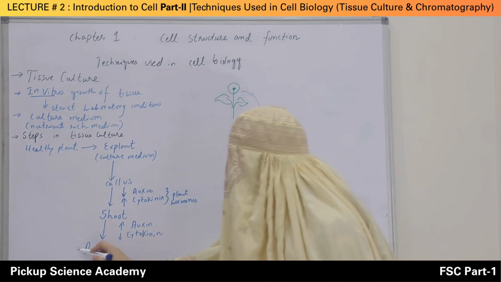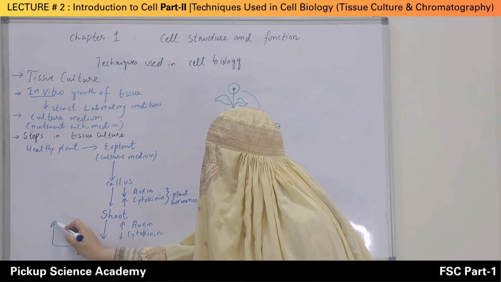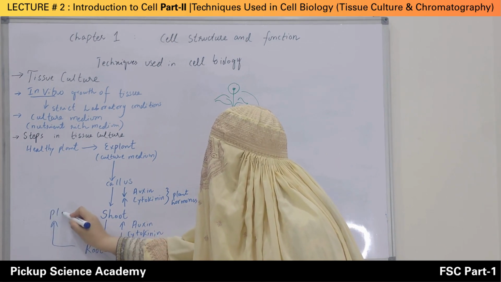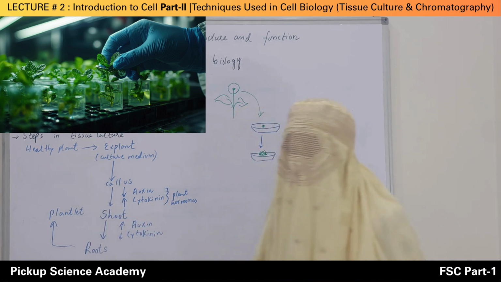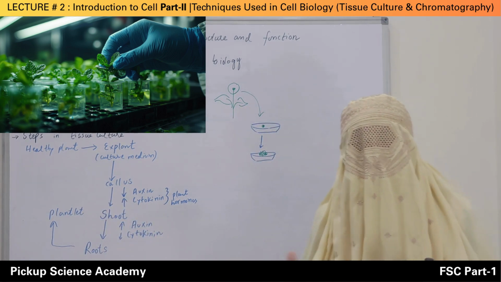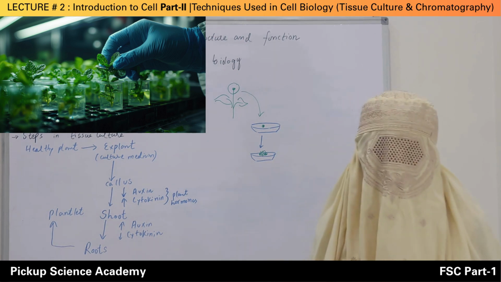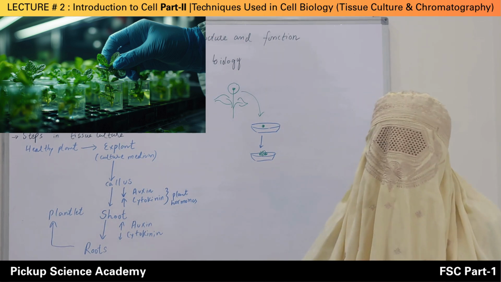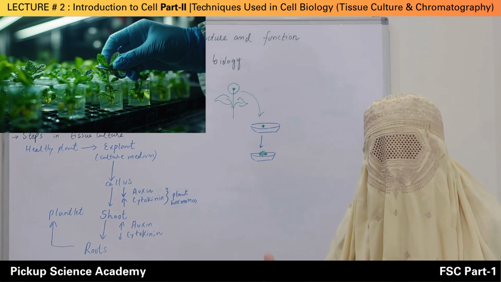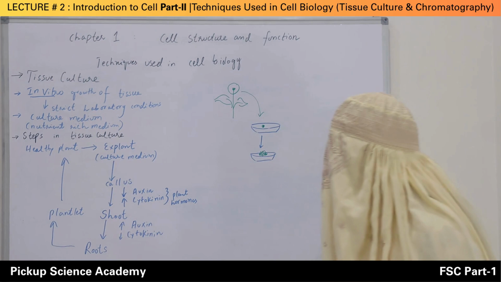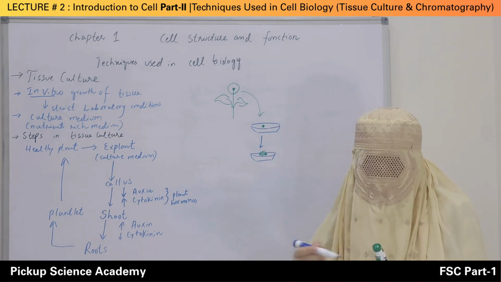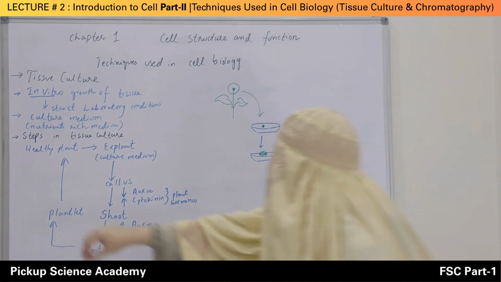So after this, we'll see that a mini plant will form. And then we can shift that plantlet to the soil where a new healthy, mature plant can be formed. So these are the steps involved in tissue culture.